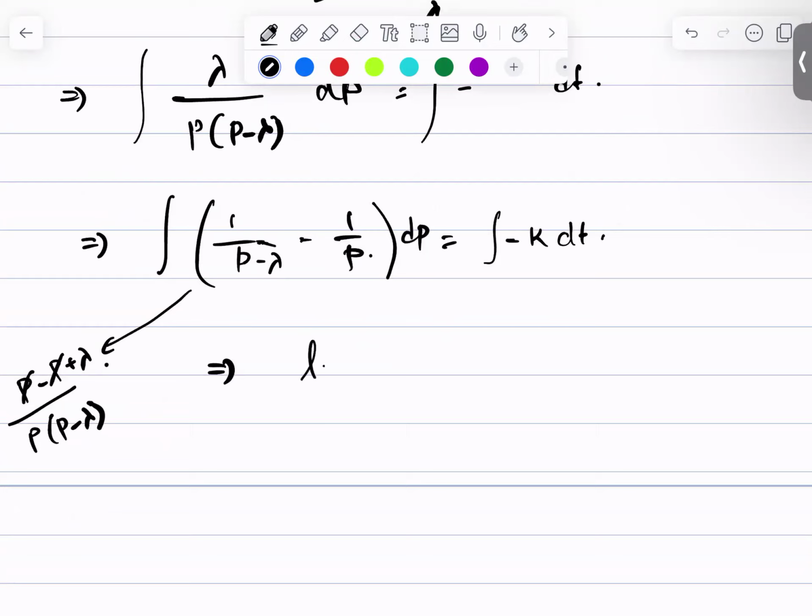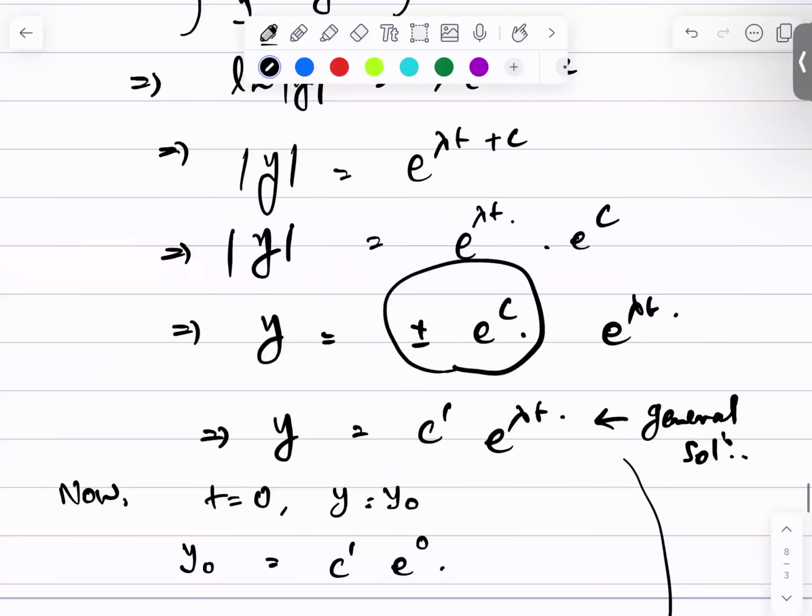Now I can basically do the integration. I'll get ln(P - λ) minus ln P. I'm not writing the modulus inside the ln because there is no need, since anyway I'll get plus or minus, just like the previous problem, and that will be just an arbitrary constant.